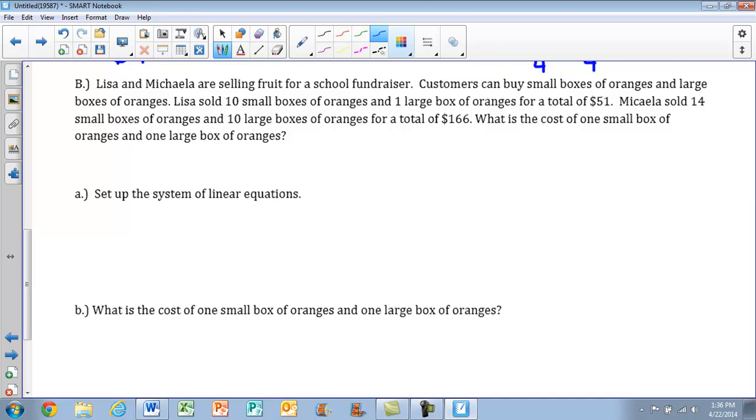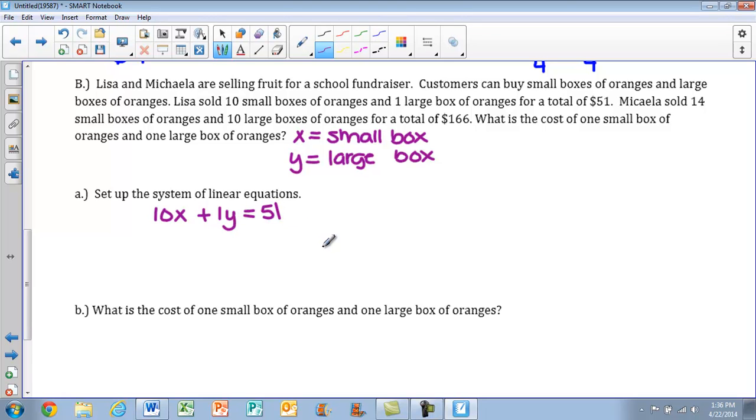So again, first thing that I'm going to do, and this should be a habit for you at this point, x is going to be the small boxes and y is going to be equal to the large box. So if we take a look to set up our system of equations, it says that Lisa sold 10 small boxes and 1 large box for a total of $51.